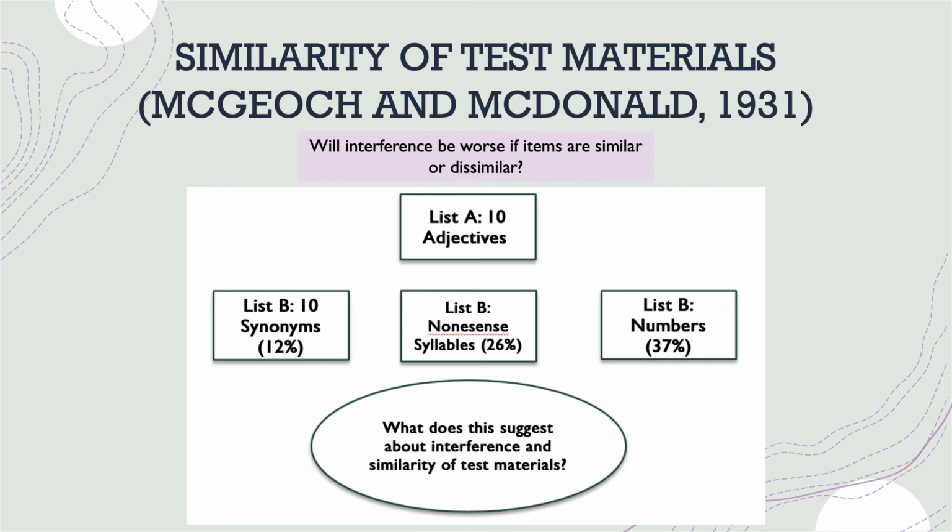So have a look at the percentages and write me a sentence about what this suggests about interference and similarity of test materials. It's basically showing that the more similar items are, the less recall. So if words are very similar, we'll forget more than if the two items are completely unrelated, like numbers.